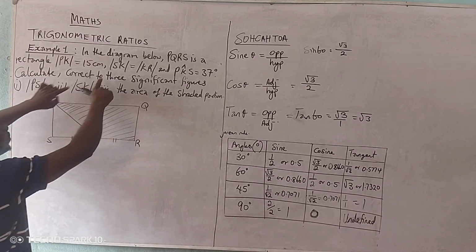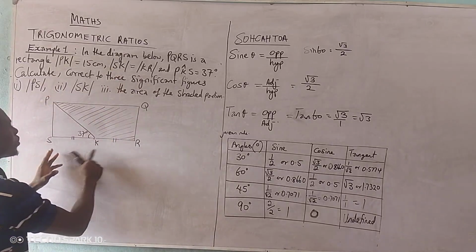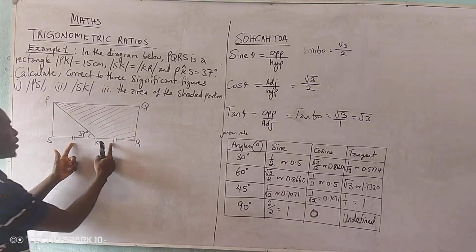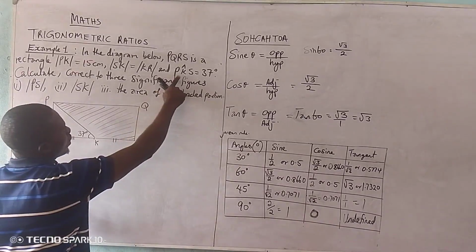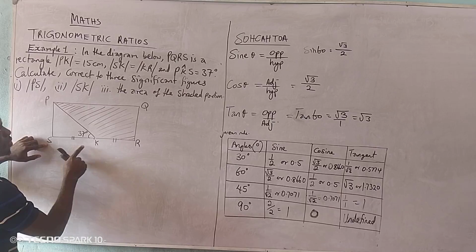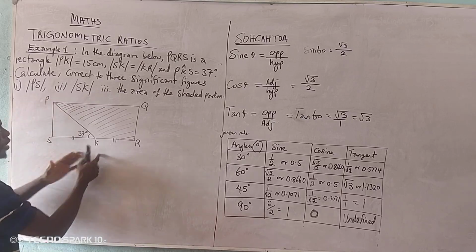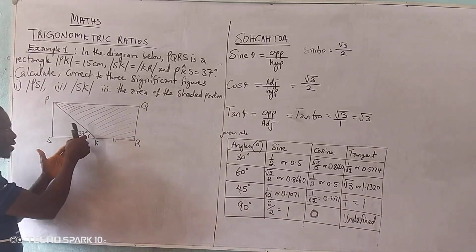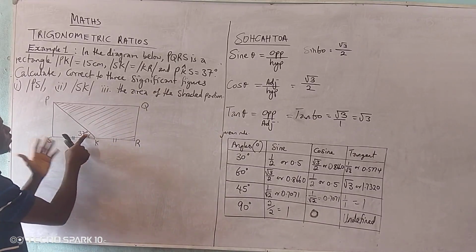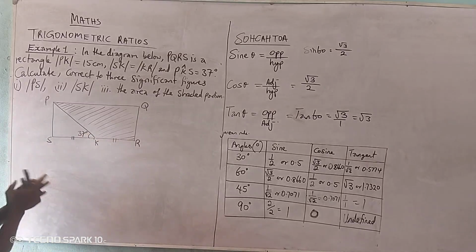Line SK is equal to line KR, so this line is equal to this line. You can see the sign given to you. Angle PKS, with K in the middle, so the angle is at K, is 37 degrees. Now calculate, correct to three significant figures.